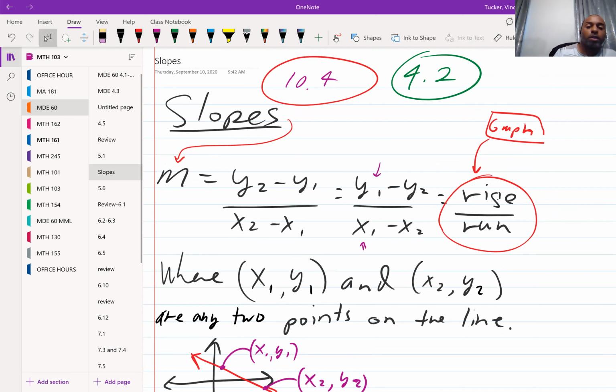Either one of those will work. We just have to make sure we stay consistent. If we do y2 first up top, make sure you use x2 first down bottom.